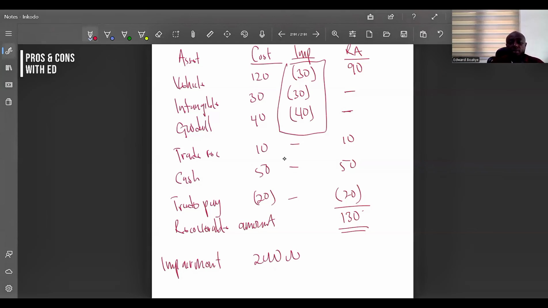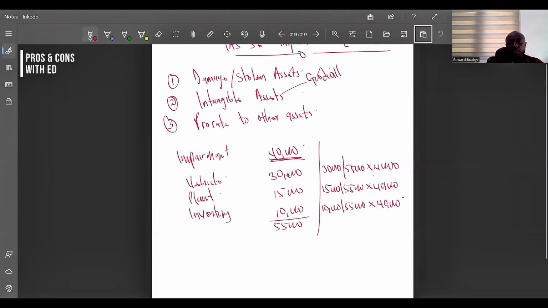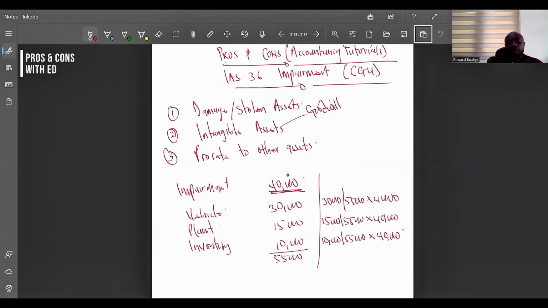So the additional 100,000 would have been prorated on the rest of the assets left, like the way we did in the illustration here. All right, so this is where we will end our session talking about IAS 36 impairment on a cash generating unit.